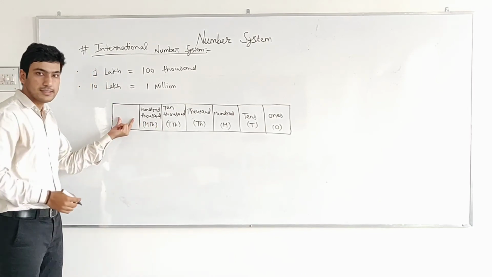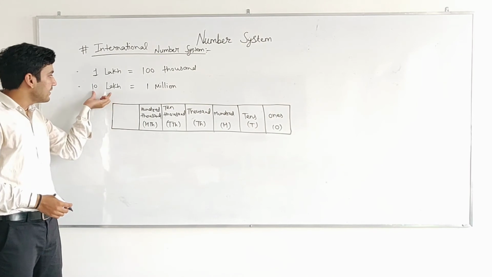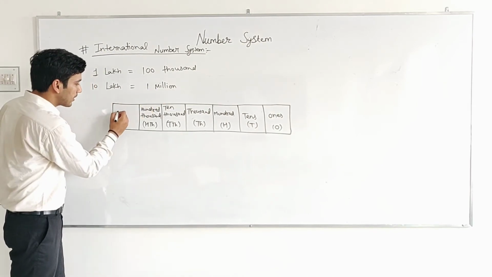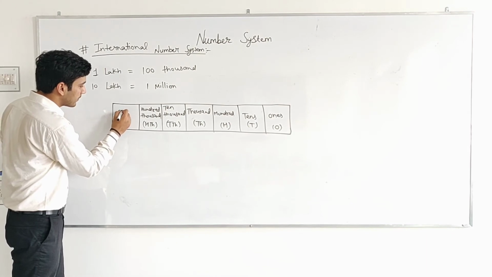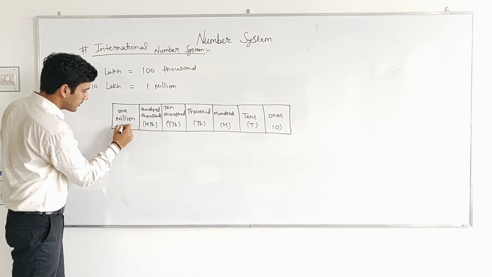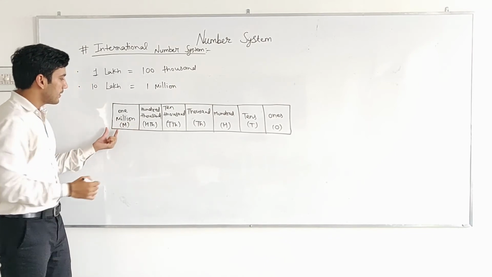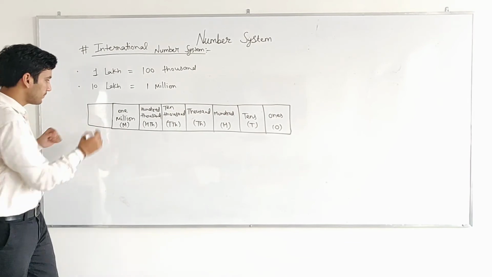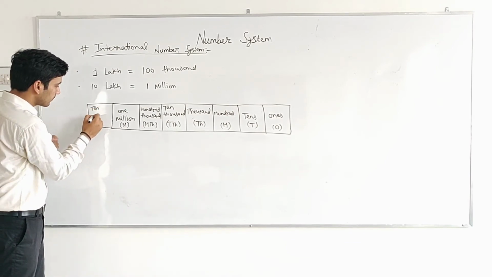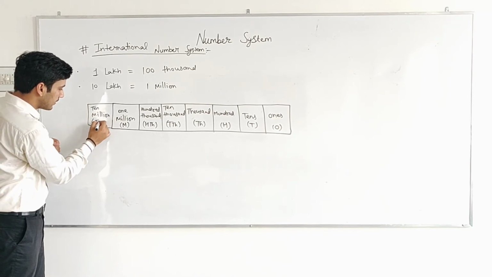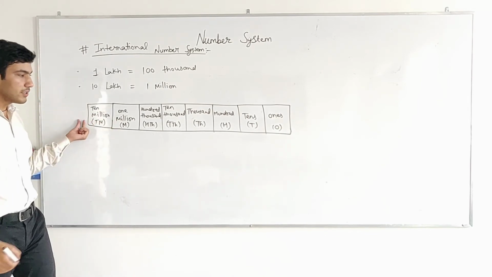Next, this is the column for 10 lakh, and in this system 10 lakh is represented as 1 million. So this is the column for 1 million, and the symbol is M. Next column is your 10 million, and the symbol is TM, and so on.